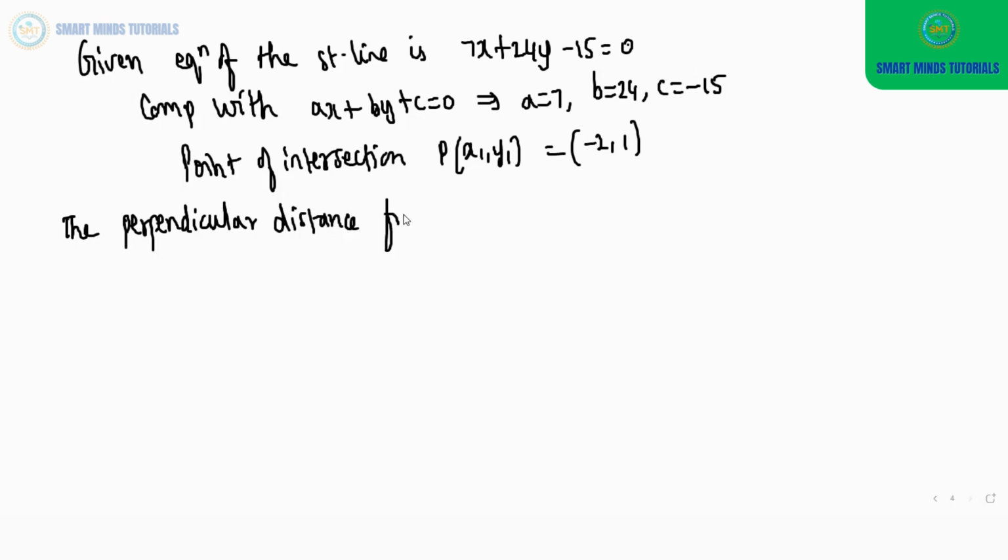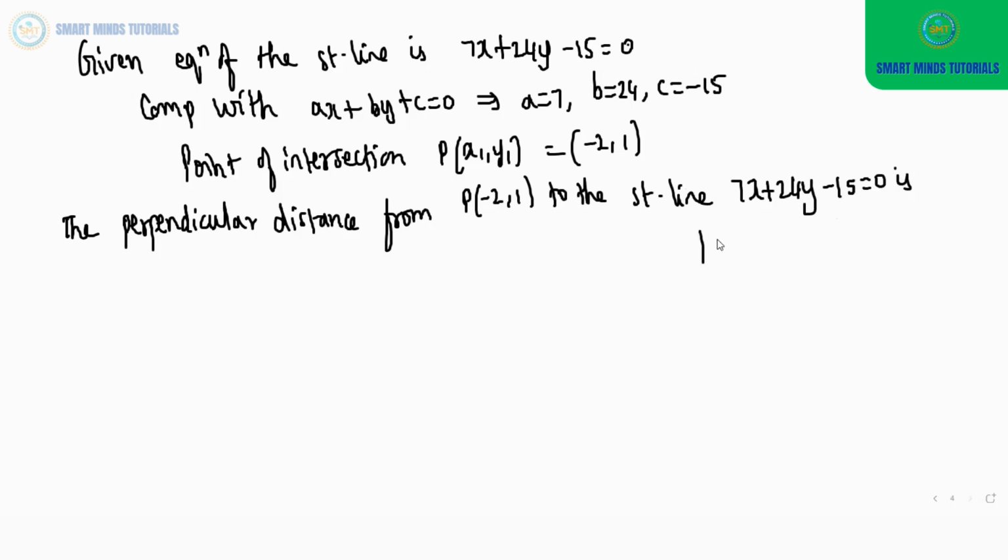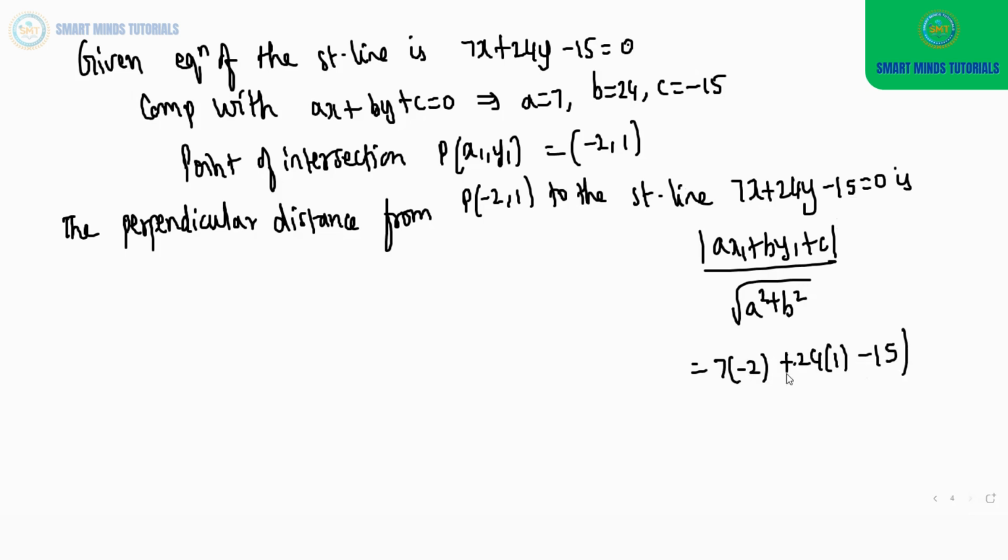The perpendicular distance from P (minus 2, 1) to the straight line 7x plus 24y minus 15 is equal to 0 is mod (a x1 plus b y1 plus c) by root of (a square plus b square). So that is (7 into minus 2 plus 24 into 1 minus 15) by root over (7 square plus 24 square).